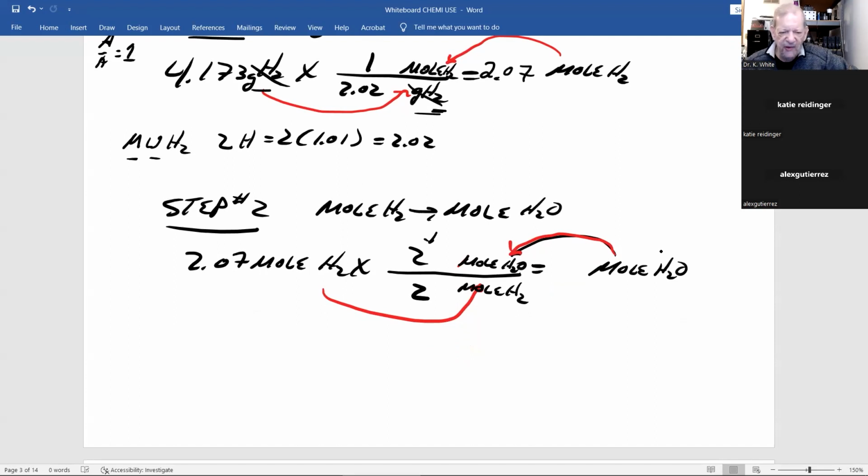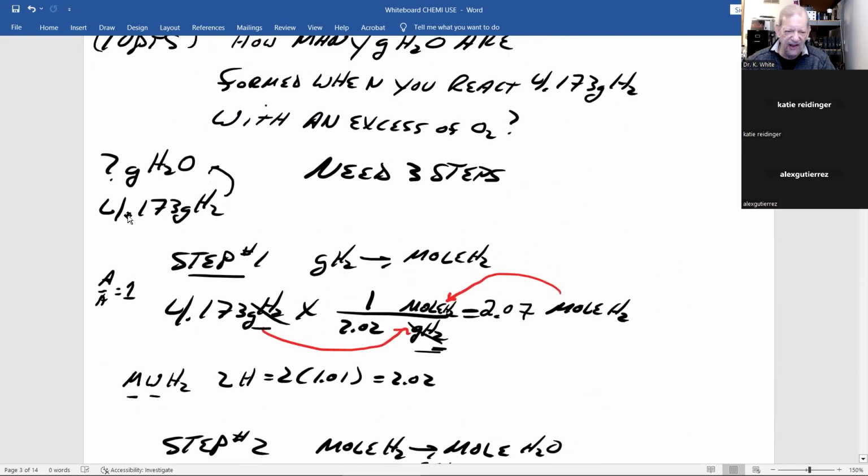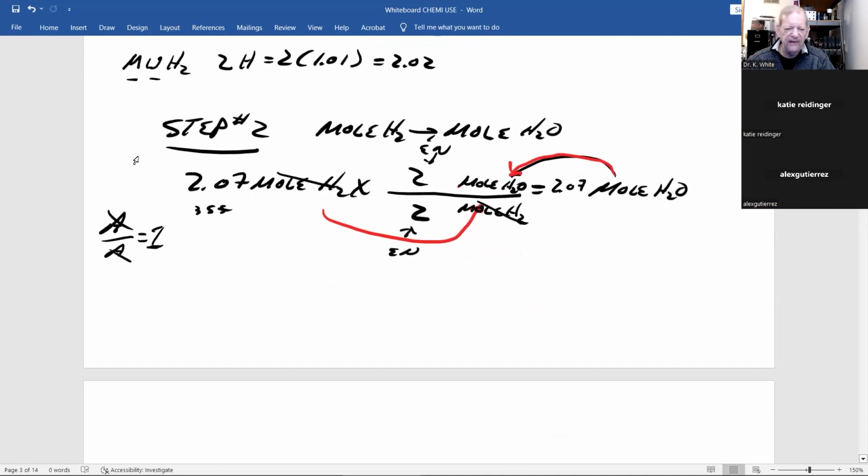Moles of hydrogen divided by moles of hydrogen cancel out, because anything divided by itself equals the number 1. I don't have to use my calculator here. This is 3 significant figures, exact number, exact number. Am I done? No, I'm trying to get the grams of water.